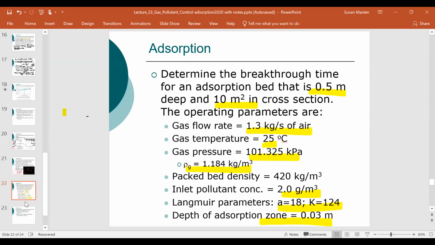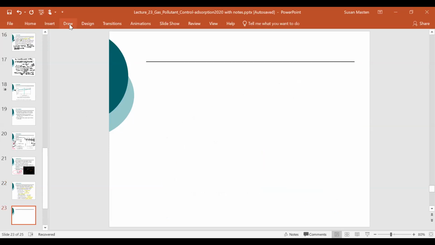So let's add a slide in here, and we'll change colors. Let's just write down all of the parameters that we have. Z is 0.5 meters. Cross-sectional area is 10 meters squared. Gas flow rate is 1.3 kilograms per second, of air. The density of the air is 1.184 kilograms per meter cubed.